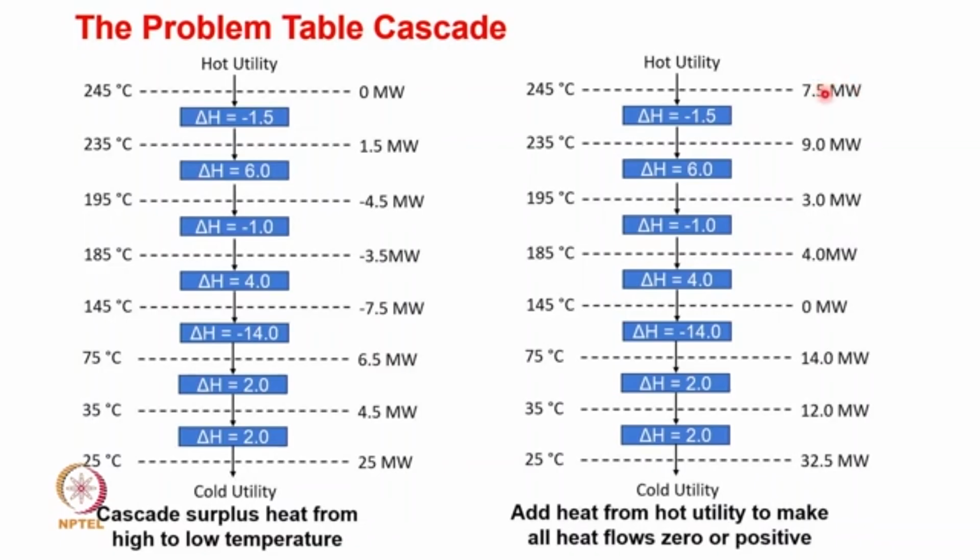When you add that plus 7.5 as a heat utility, minus 1.5 becomes 9, so 7.5 minus 1.5 is 9, 9 minus 6 becomes 3, 3 minus 1 becomes 4, and so on and so forth. And you have a cold utility requirement of 25 megawatt, that would be added to 7.5 to become 32.5 megawatt. So what are we doing here?